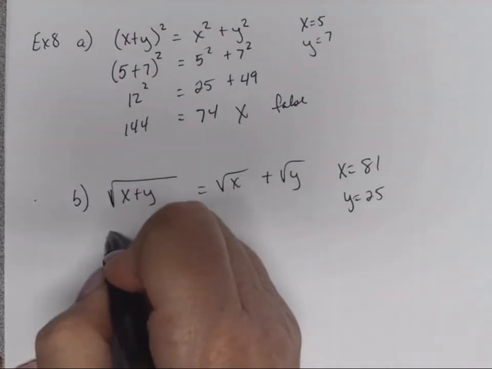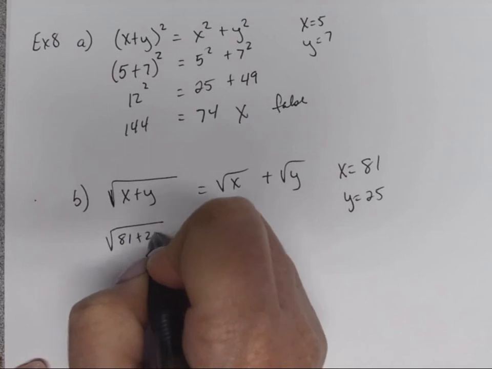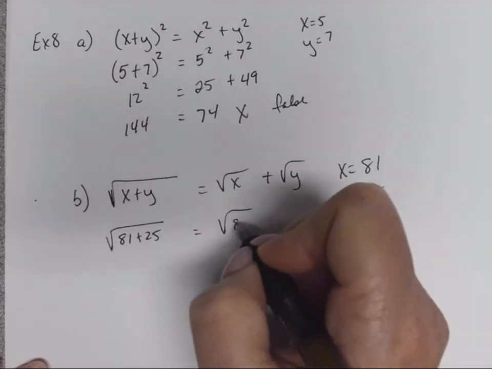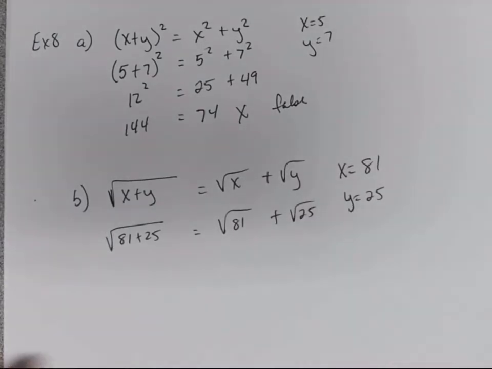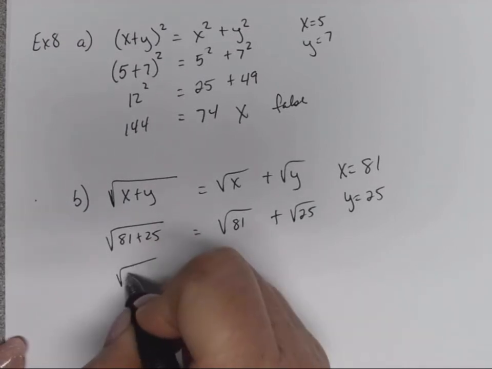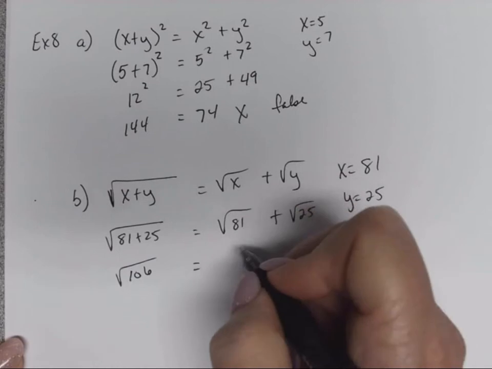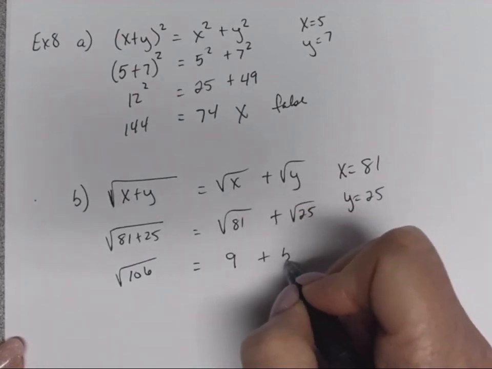Alrighty, so over here we will have the square root of (81 + 25) is equal to the square root of 81 plus the square root of 25. Well, 81 plus 25 gets me the square root of 106. Square root of 81 is 9. Square root of 25 is 5.